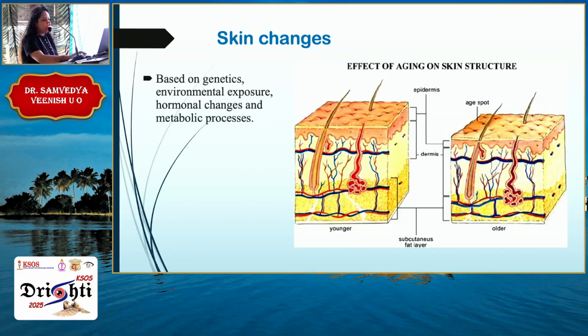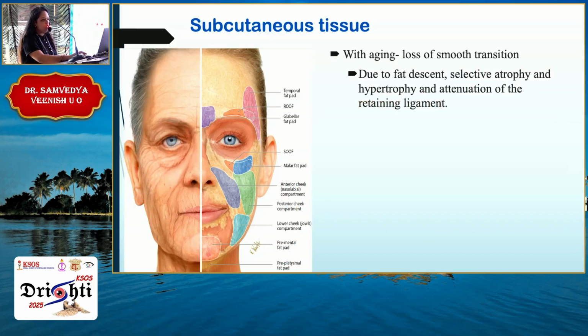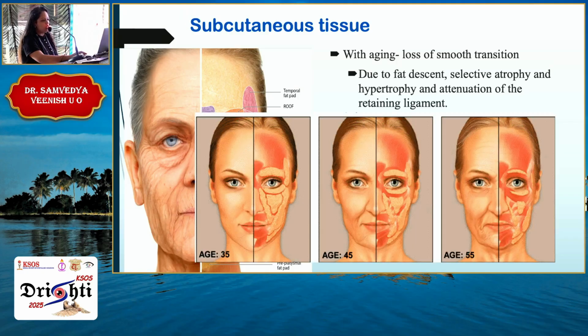The skin gets thinned out and flattened because of dermal atrophy, resulting in loss of elasticity and architectural regularity. In the subcutaneous tissue, you see fat descent, selective atrophy, and hypertrophy of the retaining ligaments, so there is a loss of smooth transition over the face. As a result, as you age, there is more fat loss in the upper part of the face compared to the lower part.